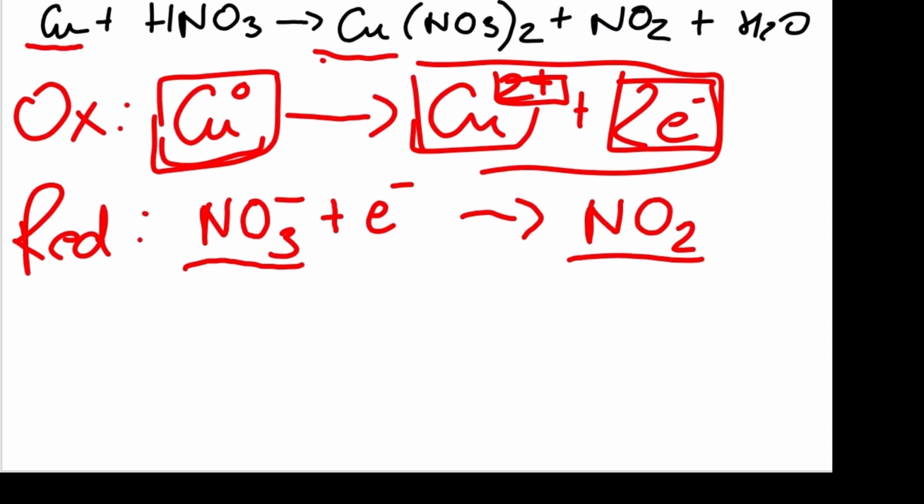What should we do? Okay, let's remember that this reaction proceeds in aqueous electrolyte solution. So besides hydrogen ions from nitric acid and nitrate ions, there are also water particles and hydroxide ions and hydrogen ions which come from auto-dissociation of water particles.